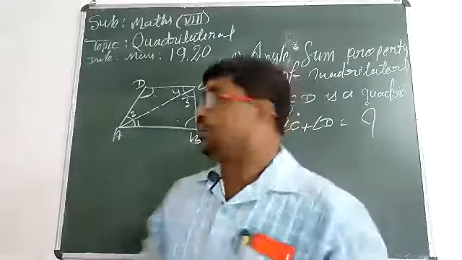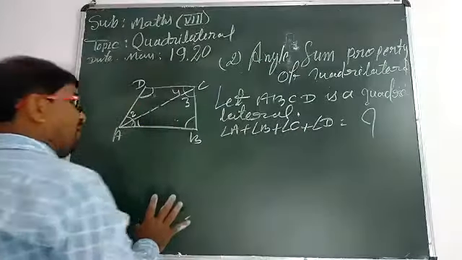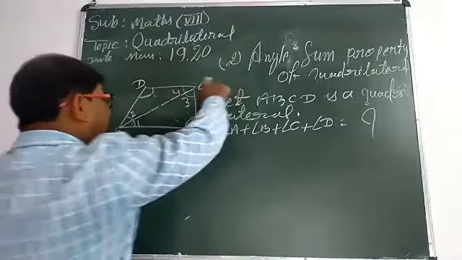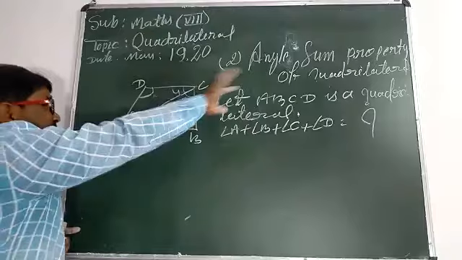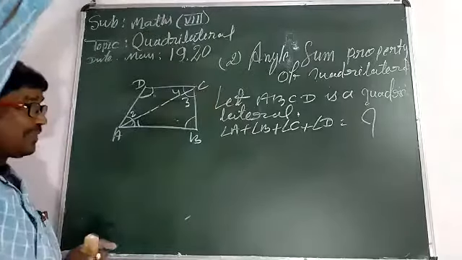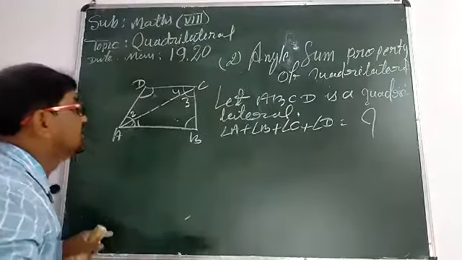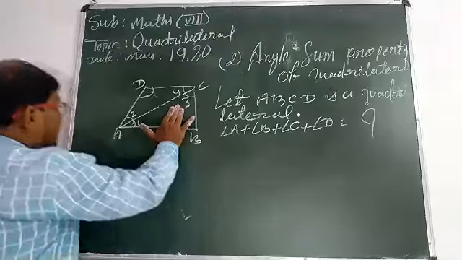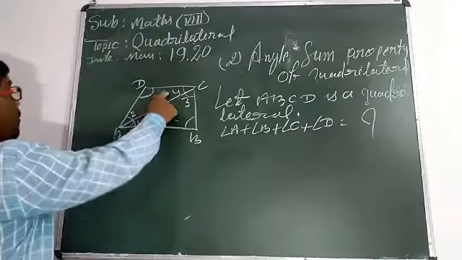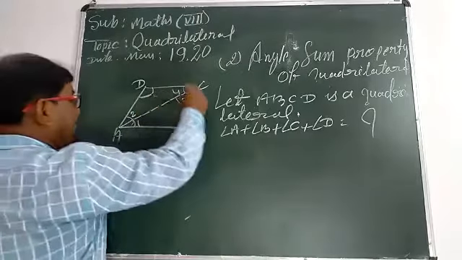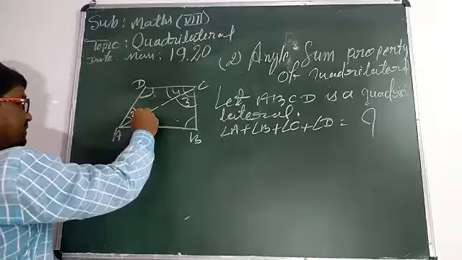Okay, understood? This diagonal is dividing angle C into two parts. One part is angle 3, another part is angle 4. Understood, student?